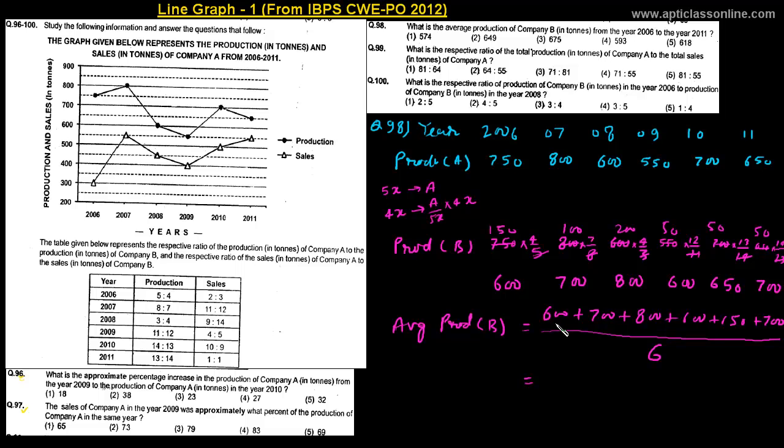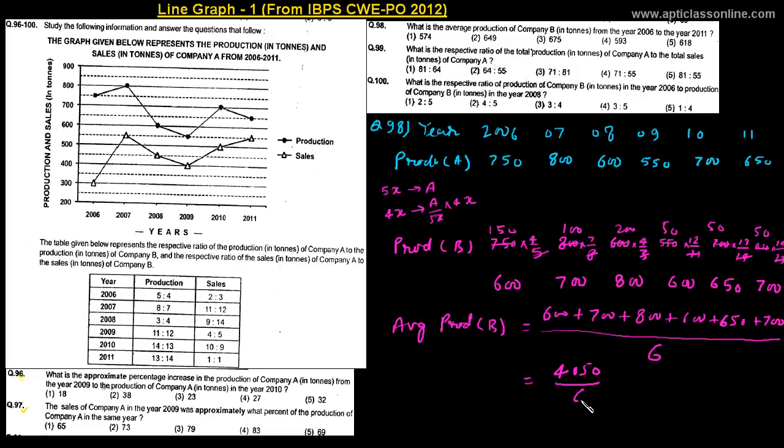Let's do it: 600 plus 700, 13 plus 8, that is 21, 21 plus 6, 27. 27 plus 700, that is 34. 34 plus 650, that is 3400 plus 650, which is 4050.